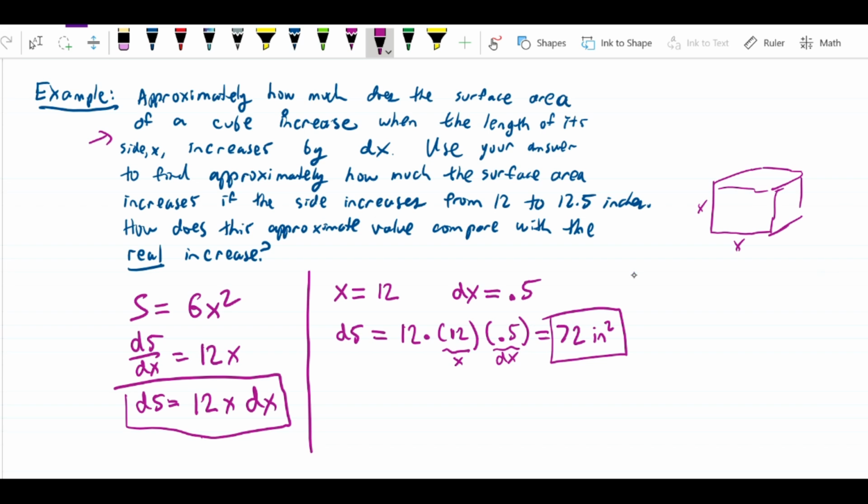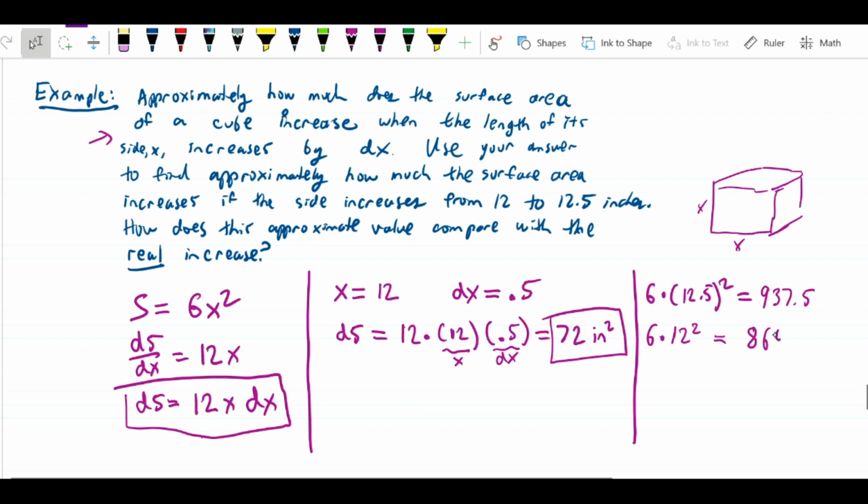Now, let's see how this compares with the exact increase in surface area. I calculated it, and it turns out that 6 times 12.5 squared is equal to 937.5, and 6 times 12 squared is equal to 864.